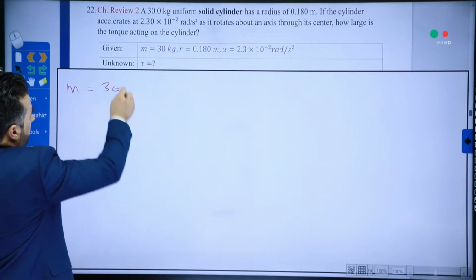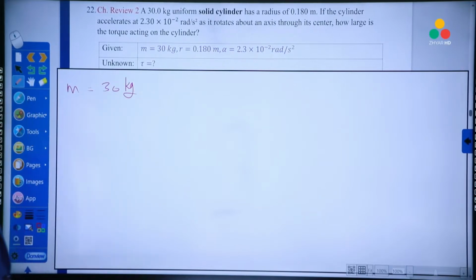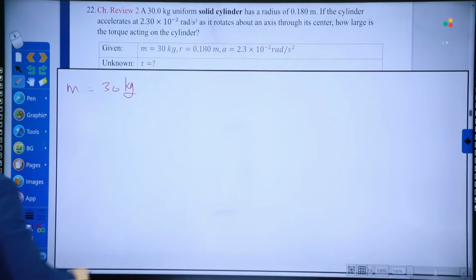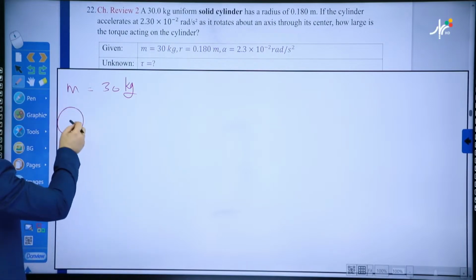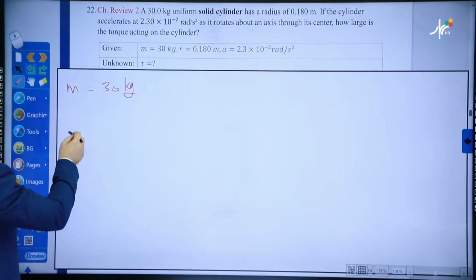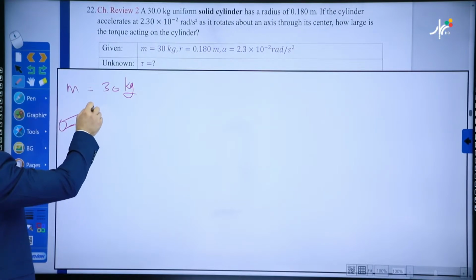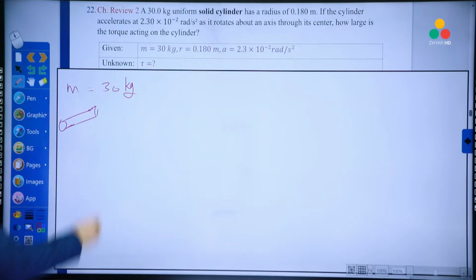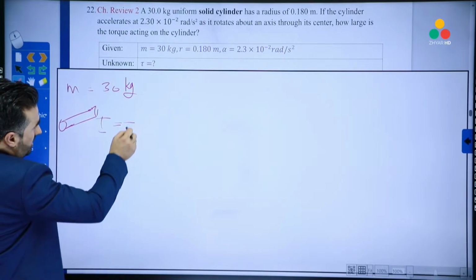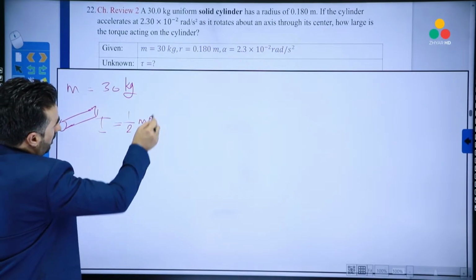It says a solid cylinder, so we have a solid cylinder, something like this. So the moment of inertia for a solid cylinder, you can say it is 1/2 mr squared.